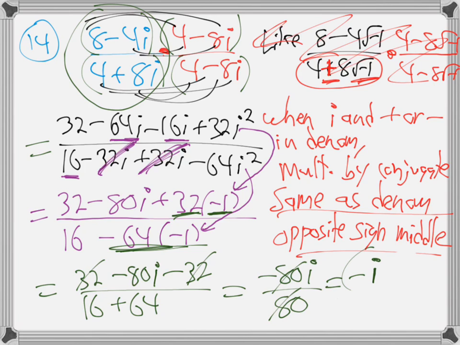So it's minus i. Oh, by the way, they'll say to give the answer in the form a plus bi. So they want you to give the real part and then the imaginary part, because a complex number has a real part and an imaginary part. You think, yeah, but all we've got is an imaginary part.